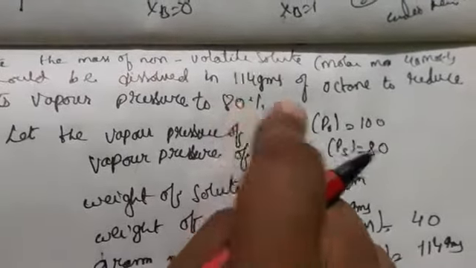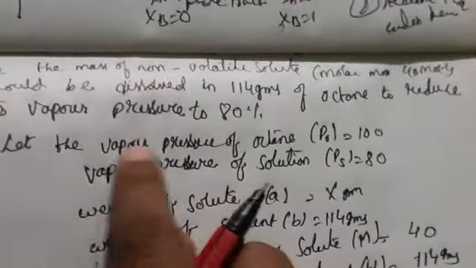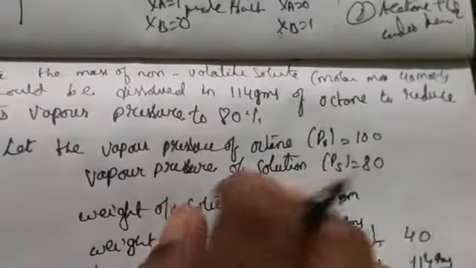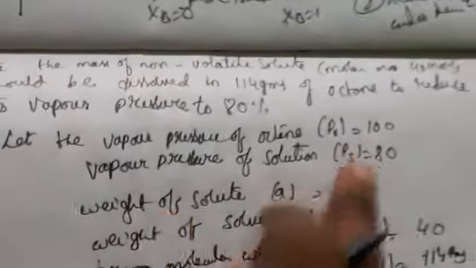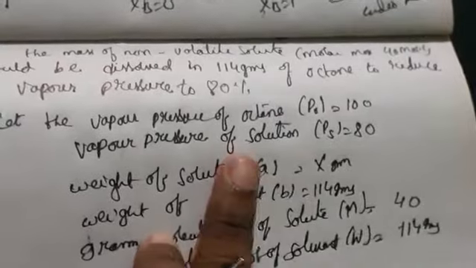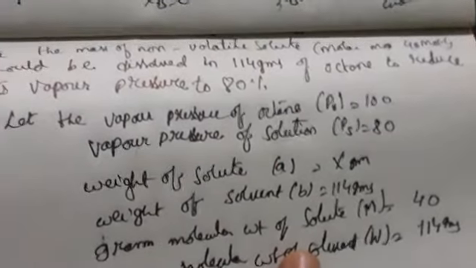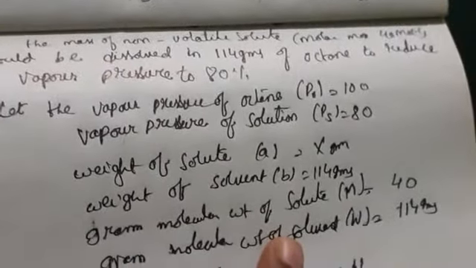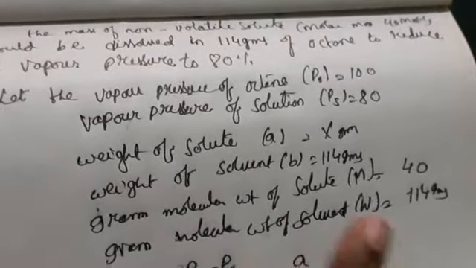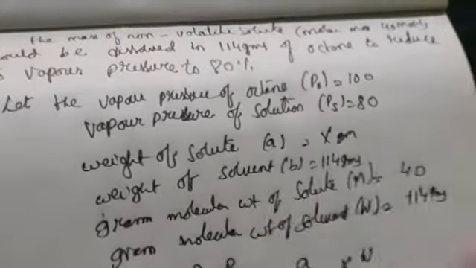The vapor pressure of octane will be 100 and that of the solution 80. Weight of solute X, solvent 114.